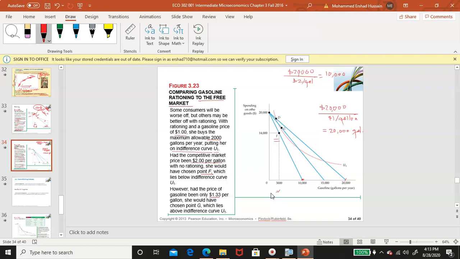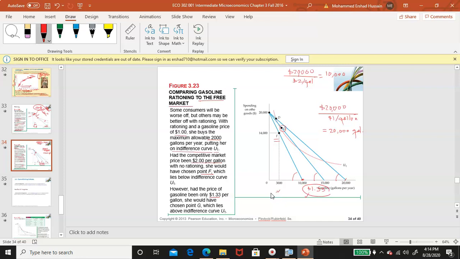So the price of gasoline really matters, right? This is when the price is $1, this is when the price of gasoline is $2, and this is when the price of gasoline is $1.33.